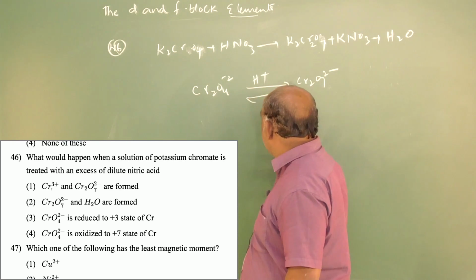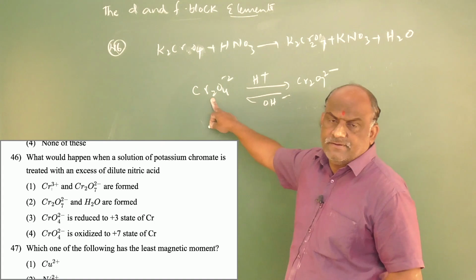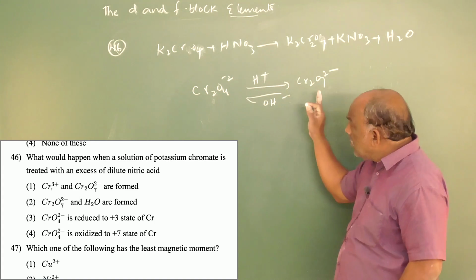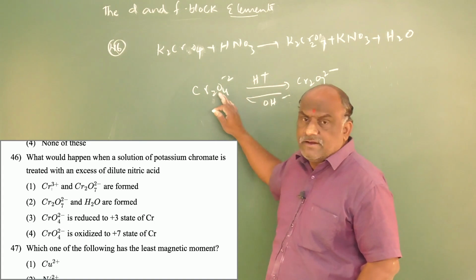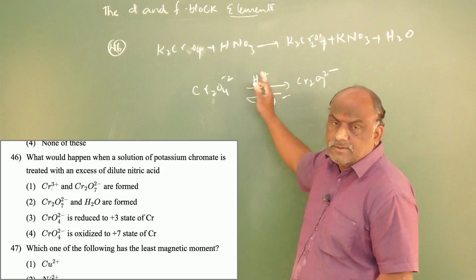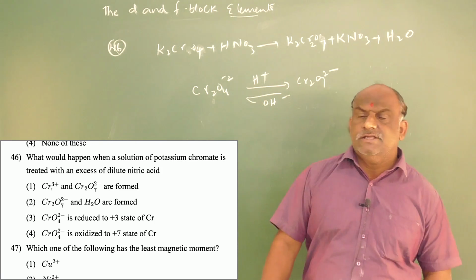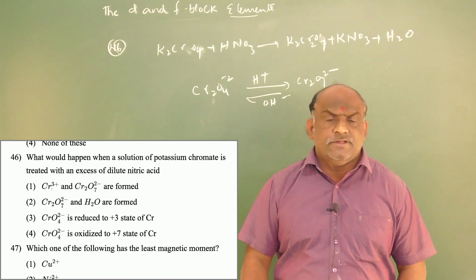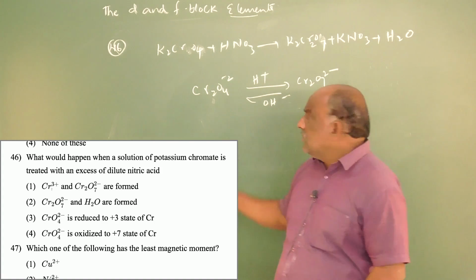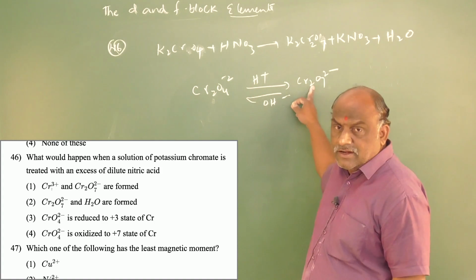Addition of base to dichromate gives chromate. They are interconvertible on the basis of pH value, between pH 3 to 4.